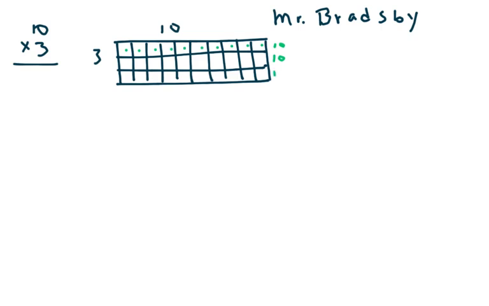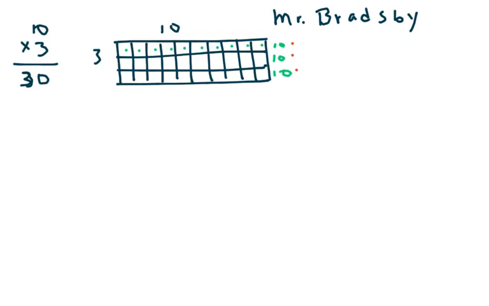And the next row, we have 10 there. Which makes sense because we have 3 tens. And if you count by tens like we just practiced, we have 10, 20, 30. So the answer to 3 by 10 is 30.